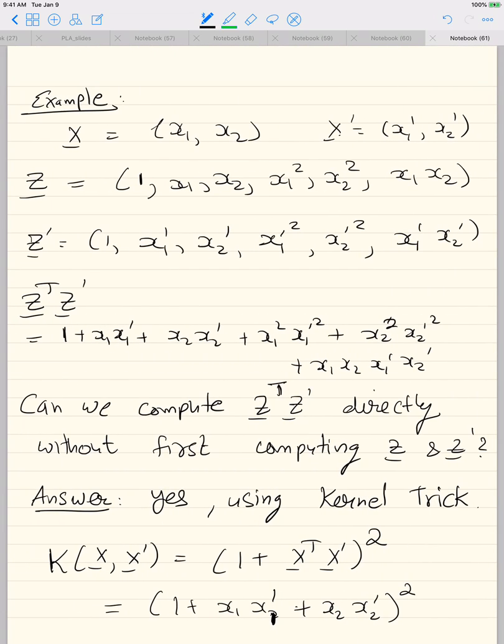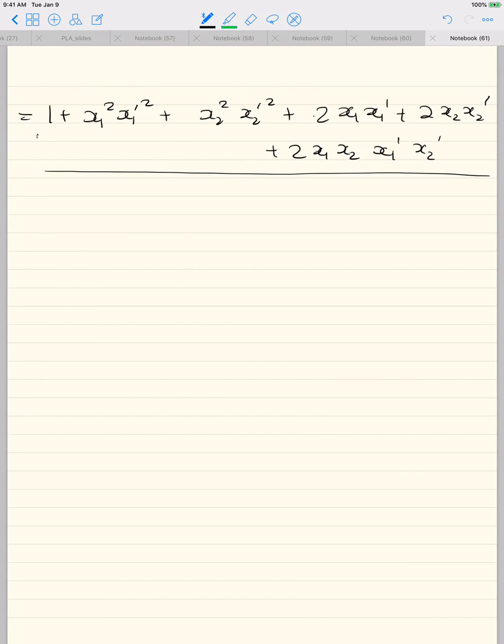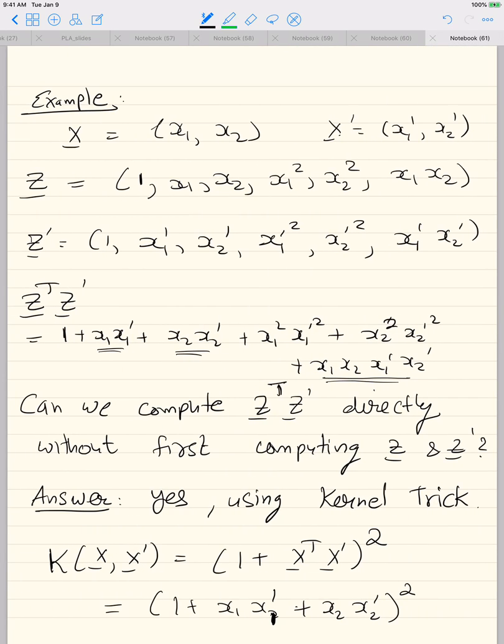So we have a factor of 2 here, but we don't have a factor of 2 in front of this term, this term, and this term. There's a factor of 1 here, whereas we have a factor of 2 in this expression, but we have 1 in front of the remaining terms.